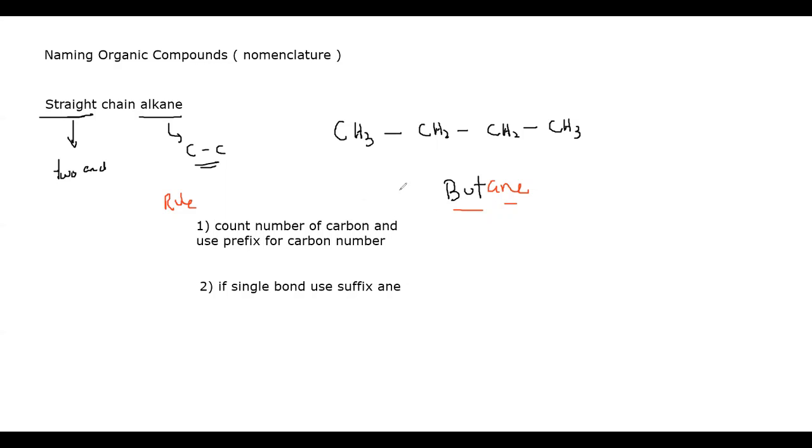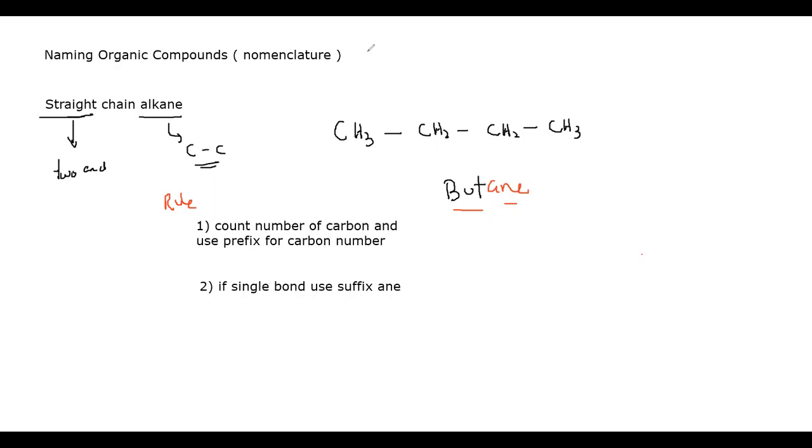You don't have to write straight chain butane. You will simply say butane. So butane is actually a straight chain alkane. Because the rule for naming a branch is a bit different. That's why first we started with a straight chain.